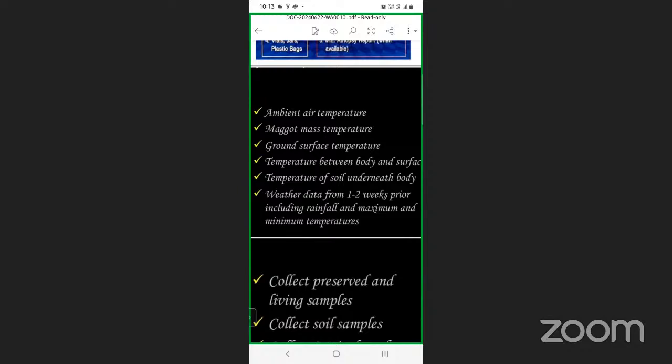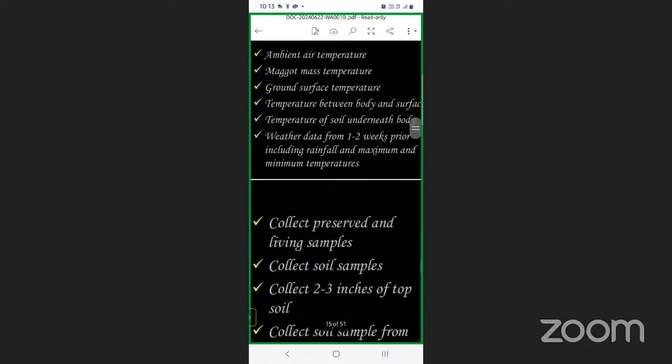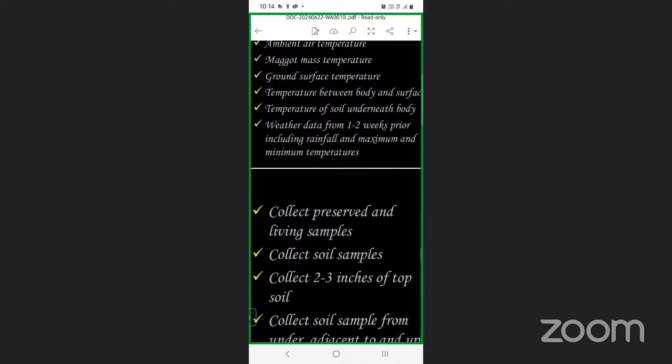Maggot mass temperature plays an important role, along with the ground surface temperature, and we also see the temperature between the body and the surface, of the soil of the identified body. Weather data from a 1 to 2 week period, including rainfall and maximum and minimum temperatures, are taken into consideration while doing the investigations.